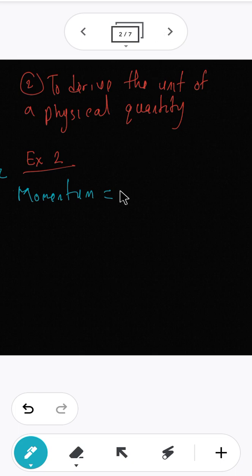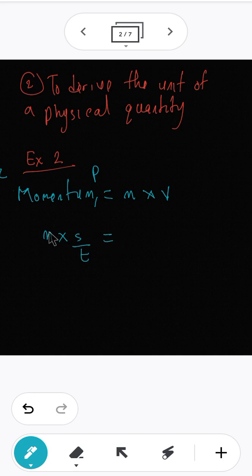So momentum is simply the product of mass times velocity. Momentum is represented with the letter P, capital P, equal to mass times velocity. So we know that mass is a fundamental, so we have to break down velocity, which is a derived. So velocity is displacement over time. That's it. This is fundamental.